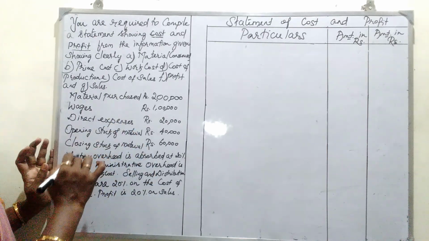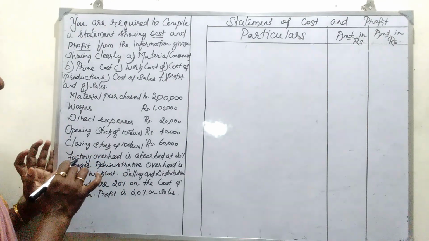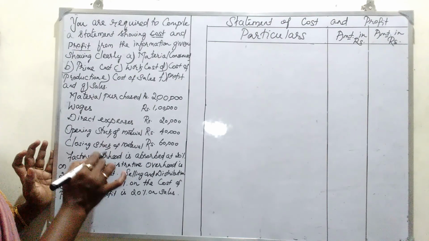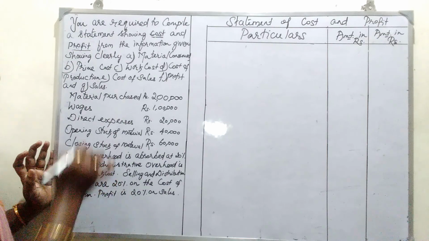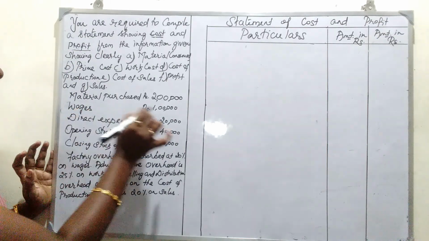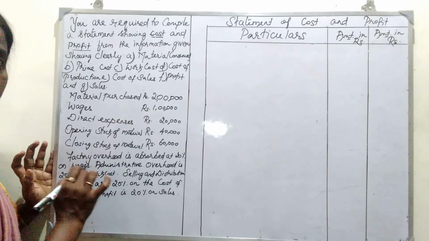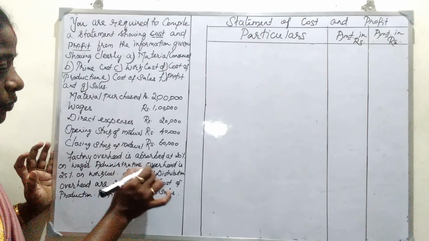Okay. Then next they are telling about factory overhead, that is, the aggregate of factory expenses is absorbed at 20% on wages. The wages amount is already given, so we have to take 20% on the wages. Same for administrative.